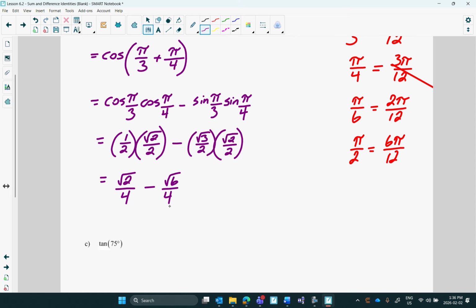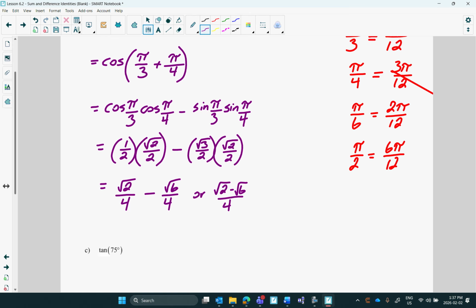So I could leave my answer like that, or I could make it a single fraction: root 2 minus root 6 over 4. Either one is acceptable. But I can't subtract root 2 and root 6. Okay.